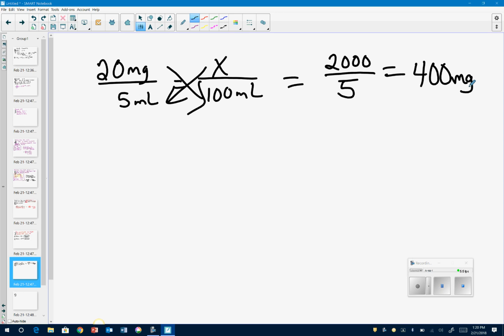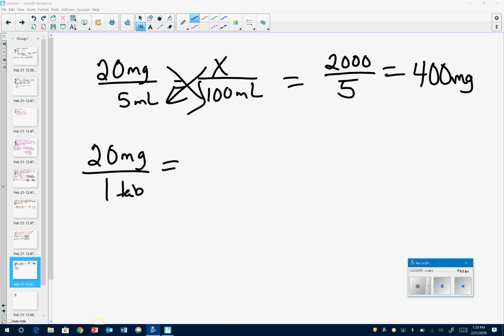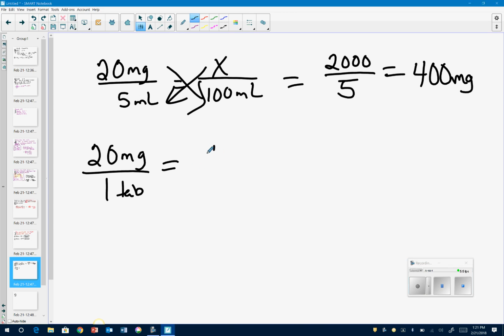The second step is to calculate the number of tablets needed. You have 20 milligrams in one tablet, and then you have your 400 milligrams, because it's asking how many of those hydrocortisone 20 milligram tablets you will need.